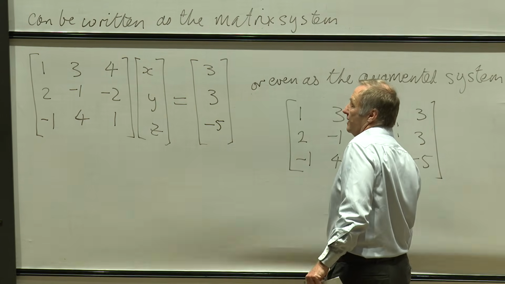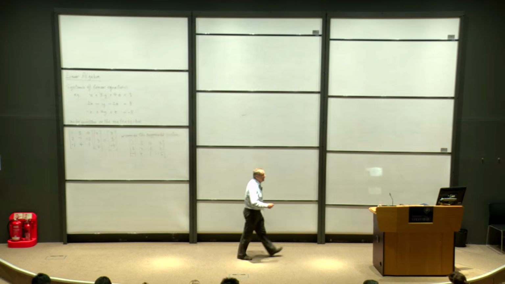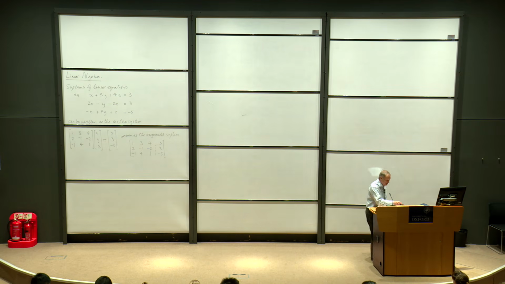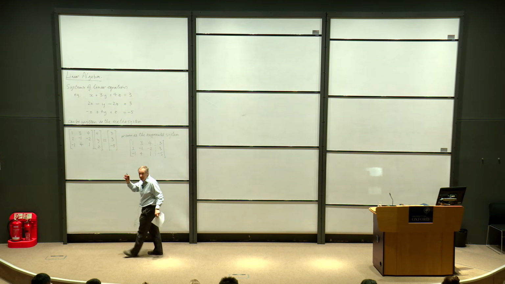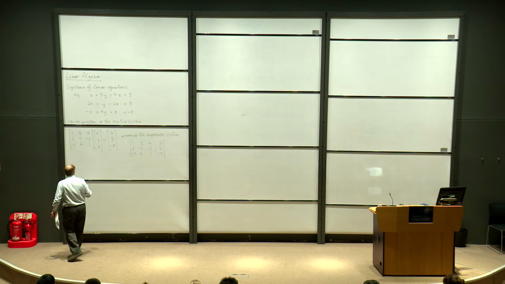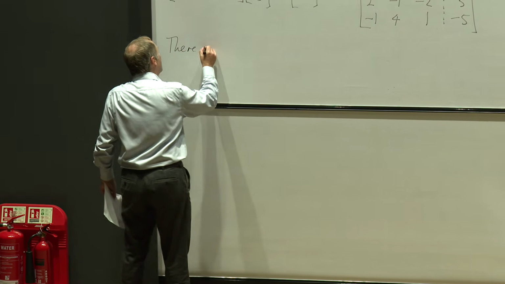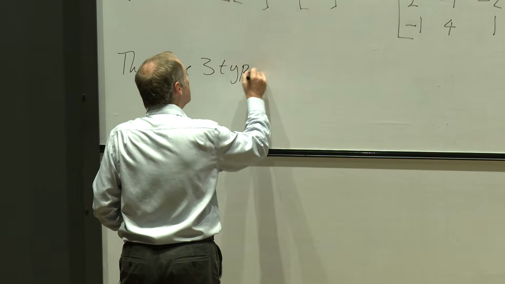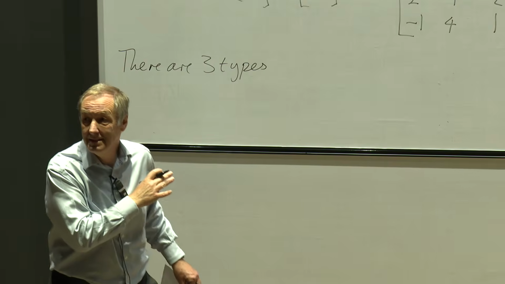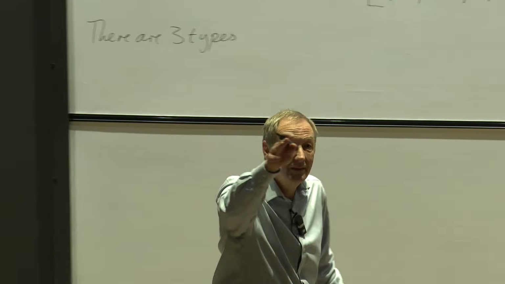Okay, so if we have such a system of equations, then we can manipulate them in certain ways. So, okay. So tell me if this pen is too thin, because I can't find a thicker one. So there are 3 types. Can you read that? Can we read that? I'm asking the people on the back row, really. Yeah.